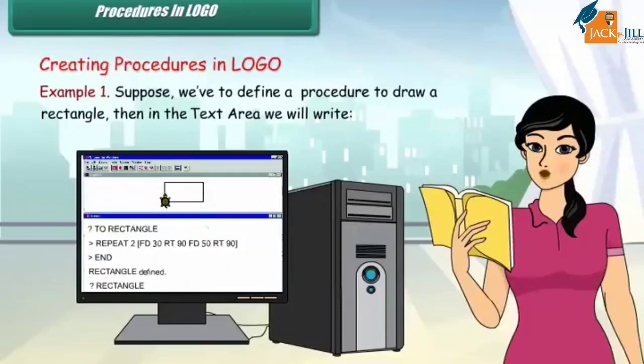Then, in the text area, we will write: question mark, space, TO rectangle. Give a greater than sign, space, repeat 2 [FD 30 RT 90 FD 50 RT 90] and close the bracket. END. Rectangle defined.